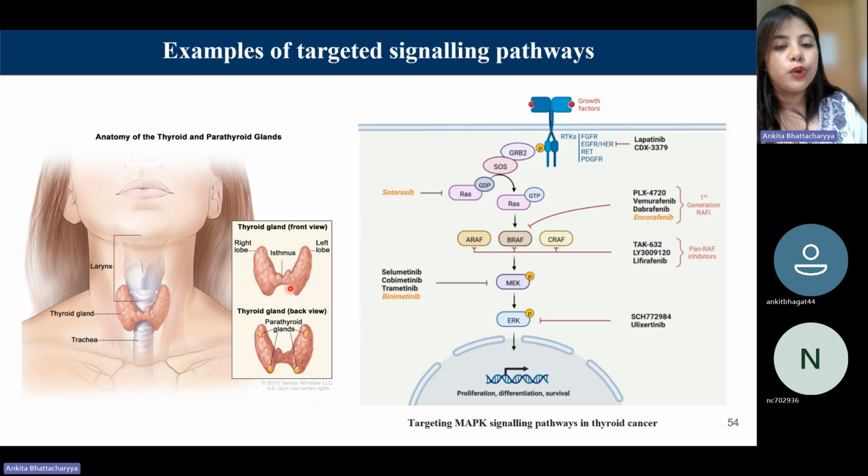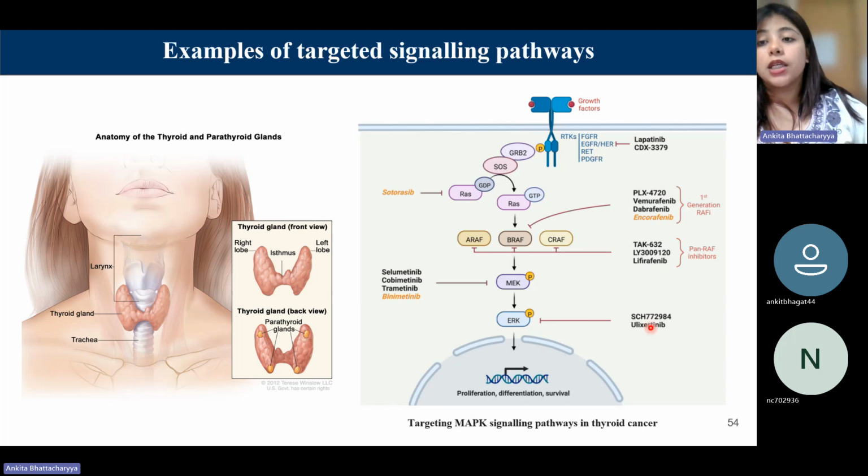So you have two lobes basically, and from the front, this is what the thyroid gland looks like, and at the back of it, because it sits like, think of it like it's sitting here on the trachea, from the other side, this is what it looks like. So there are four very tiny glands.